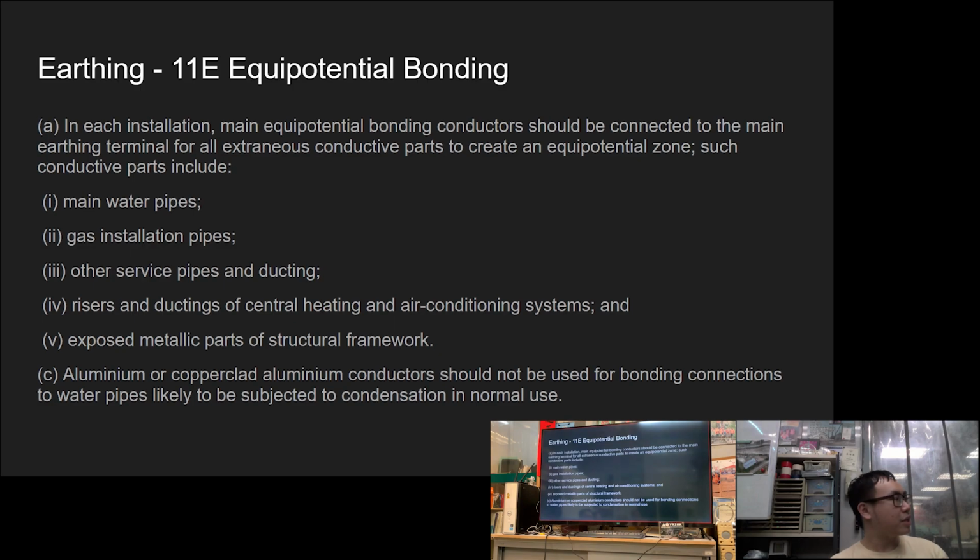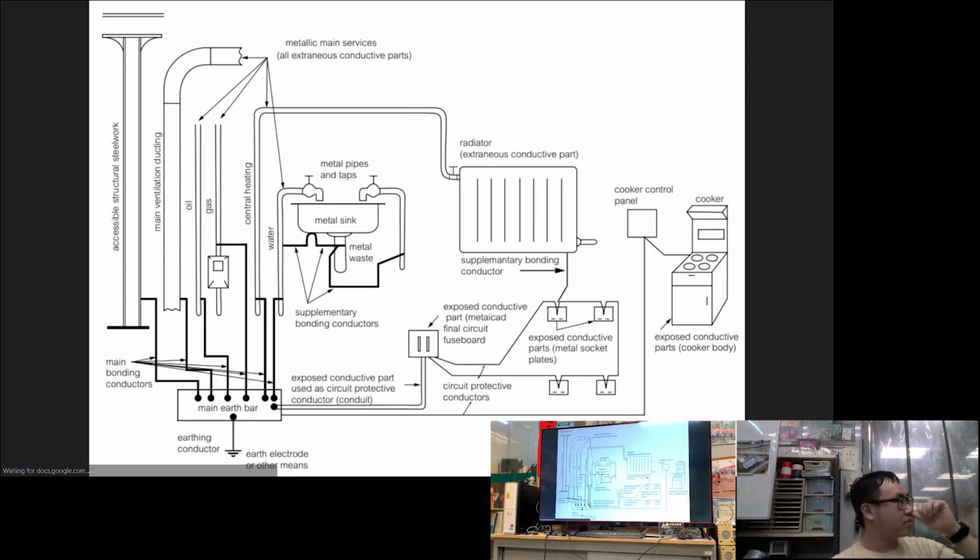But normally this part is not done by you, but done by your building contractor, right? Just for your reference, so that you see that if any place has a short circuit, the voltage will run through all the pipes here and go to the main earth bar in the ground. Okay, this is how the equal potential works.